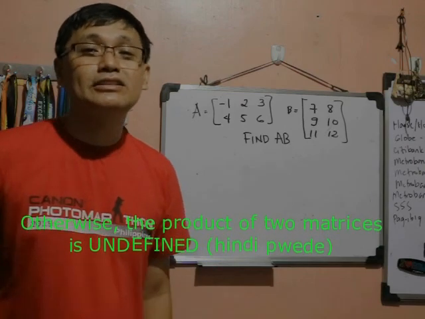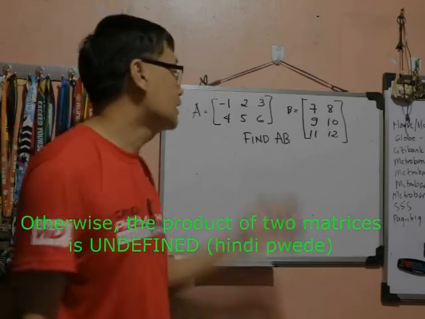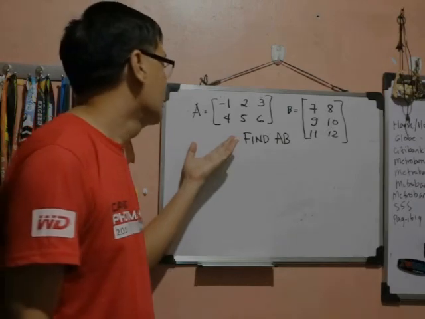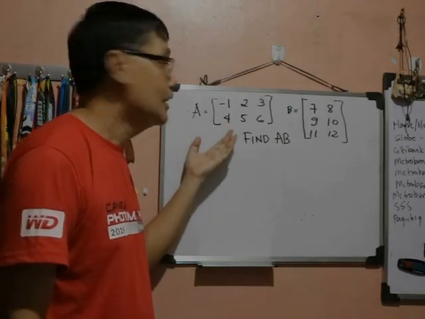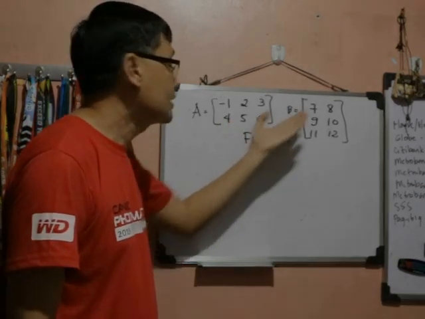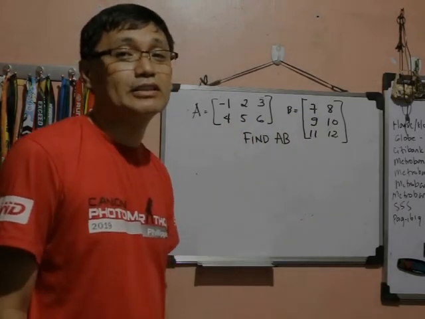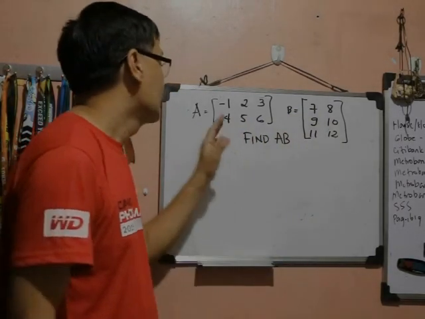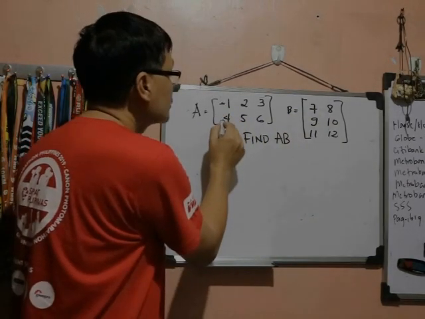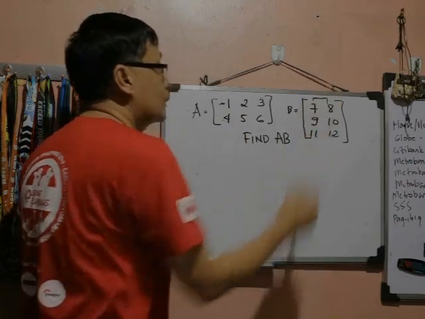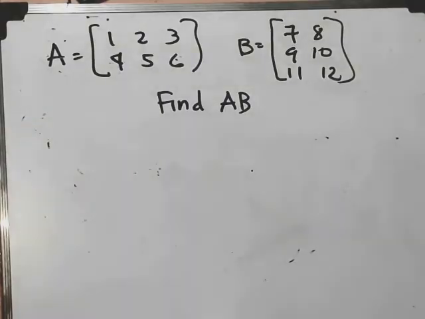Otherwise, hindi mo pwede siyang pag-multiply. Example nito, pwede mong ipag-multiply ang 2 by 3 matrix sa 3 by 2 matrix. So, dapat yung number of columns pareho sa number of rows.